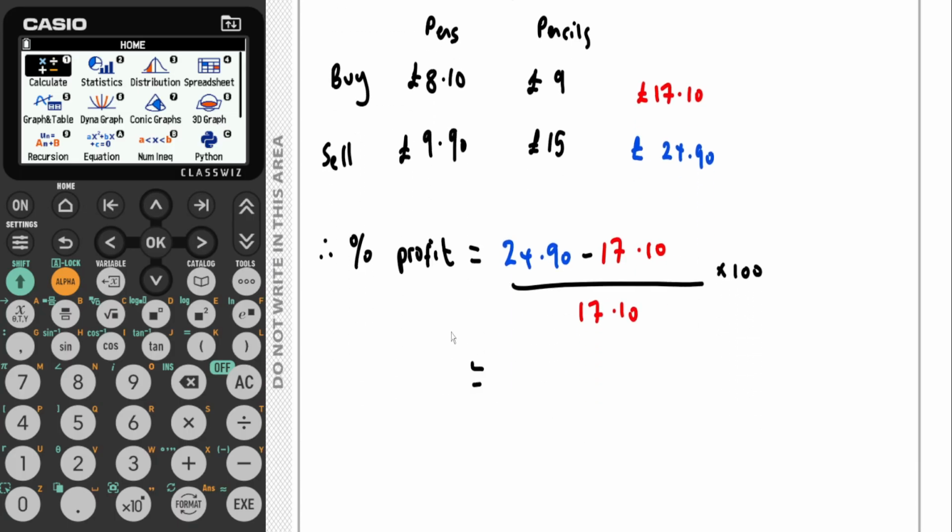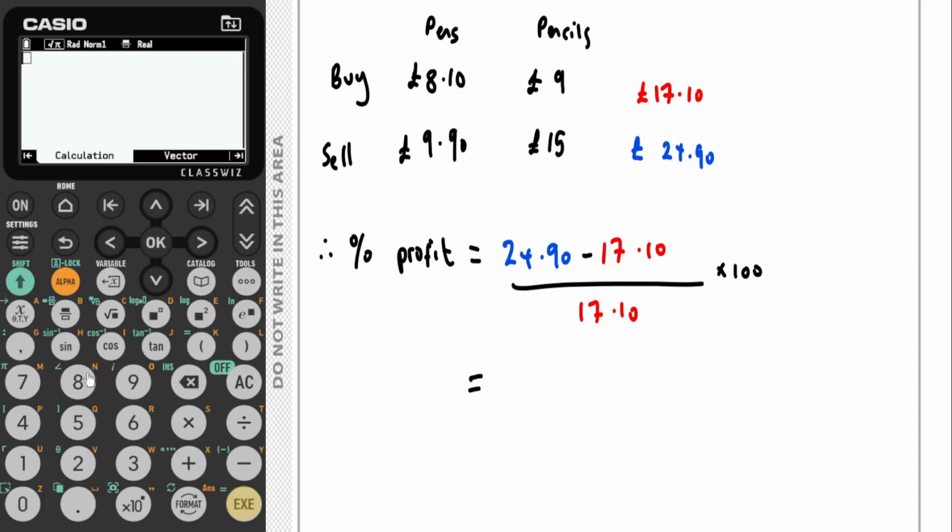So if we work this out using our calculator, we have £24.90 take away £17.10 over £17.10 and then times by 100, we get 45.6%.